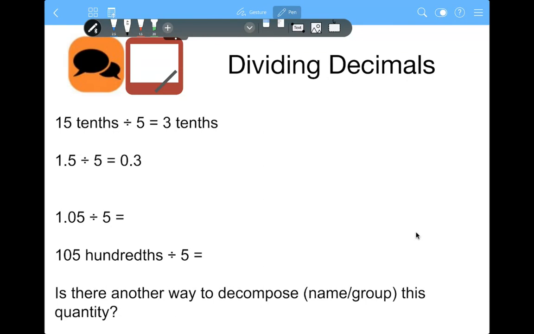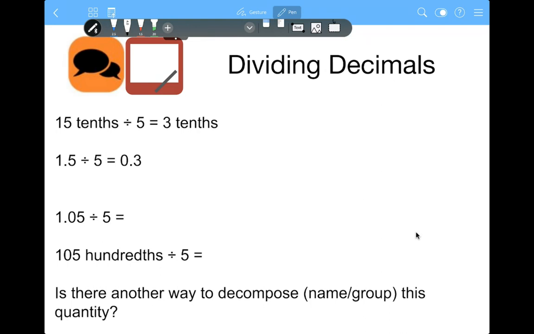Okay, let's go ahead and try 105 hundredths divided by 5. So now I've just got 105 hundredths divided by 5, and that is going to go in how many times? What is 105 divided by 5?